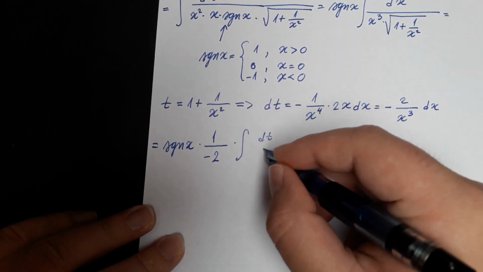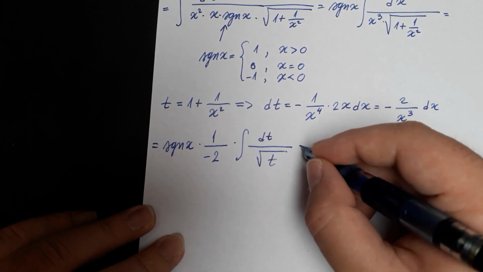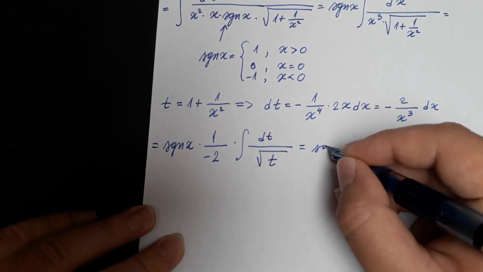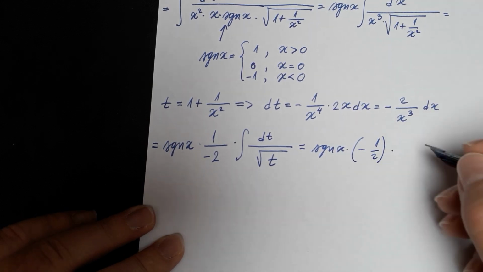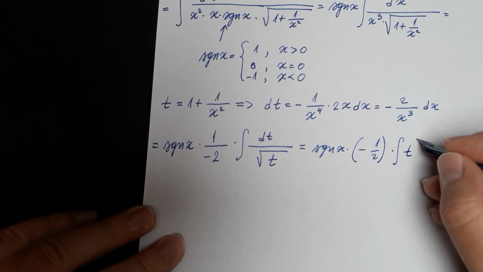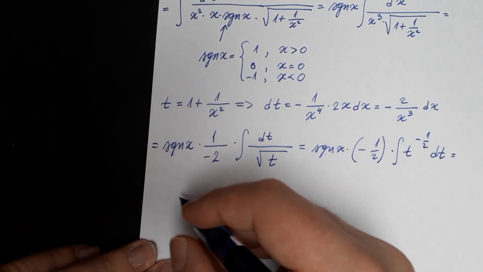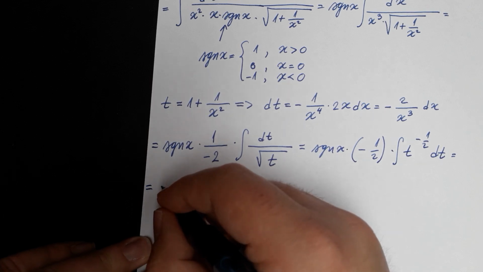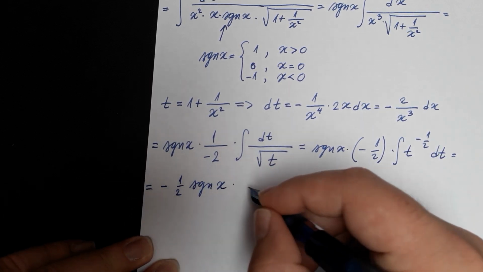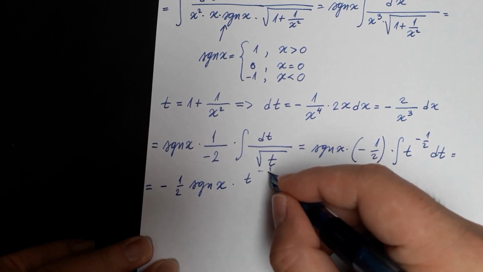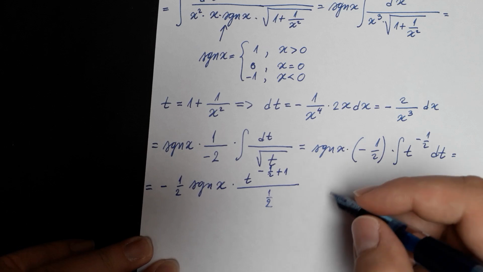Our integral then becomes the signum of x times 1 divided by negative 2 times the integral of dt over the square root of t, which is then equal to the signum of x times -1/2 times the integral of t to the power -1/2 dt, which is then equal to -1/2 of signum x times t to the power -1/2 plus 1, divided by 1/2.